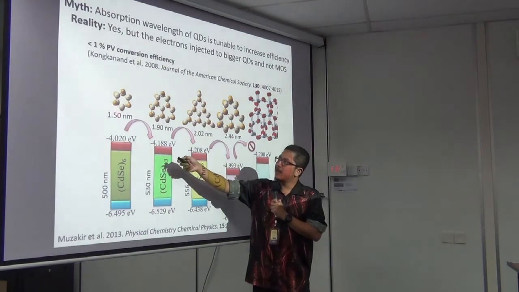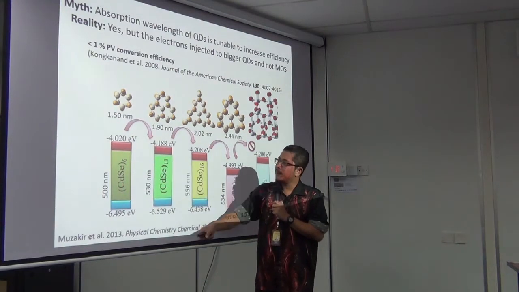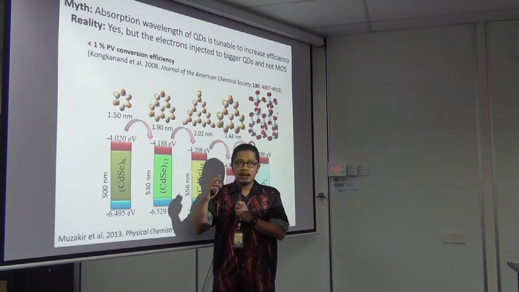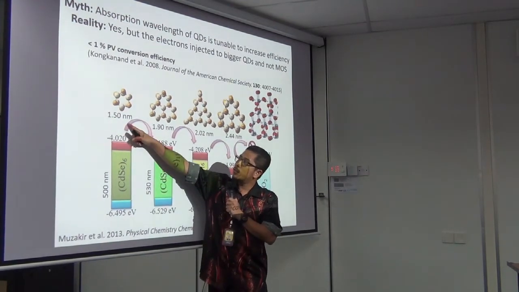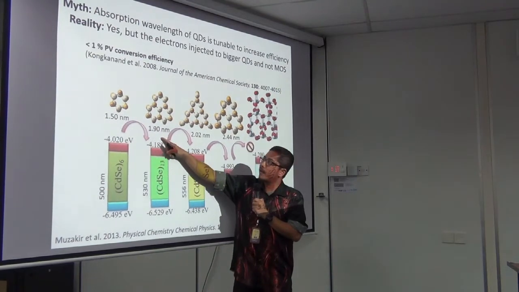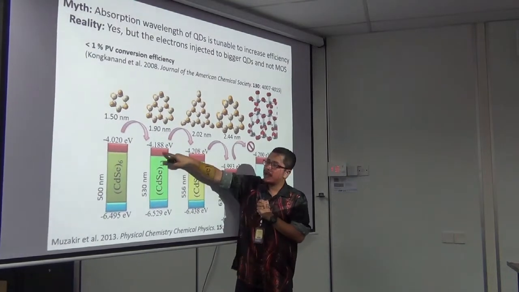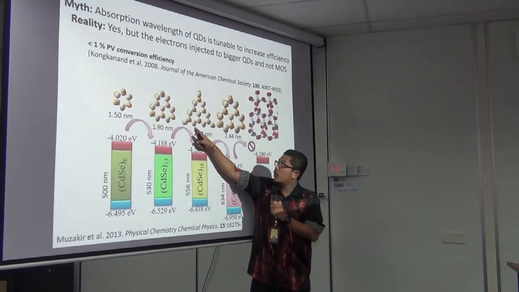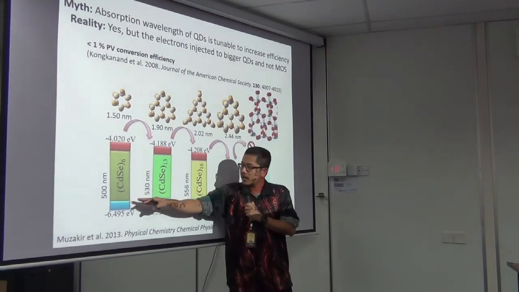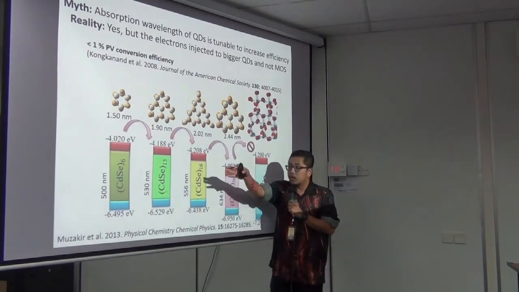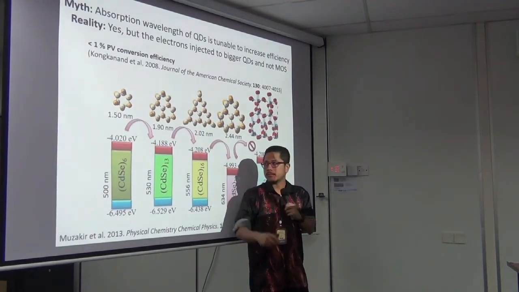The 1.5 nanometer CdSe has this much band gap, and they absorb photons intensely at 500 nanometer. He combined this with 1.9 nanometer quantum dots, which absorb light very intensely at 530, and so on. Each size of quantum dot absorbs a different wavelength. Cumulatively, he could absorb a very wide range of wavelengths.